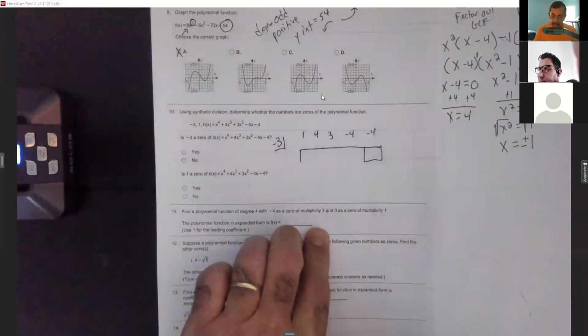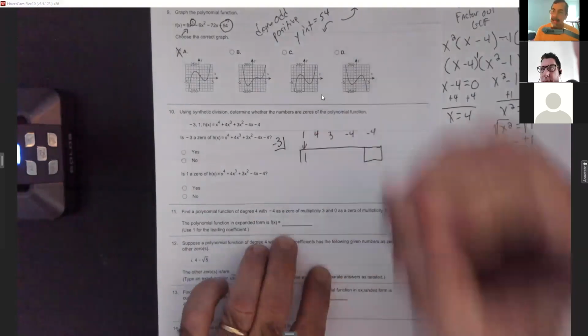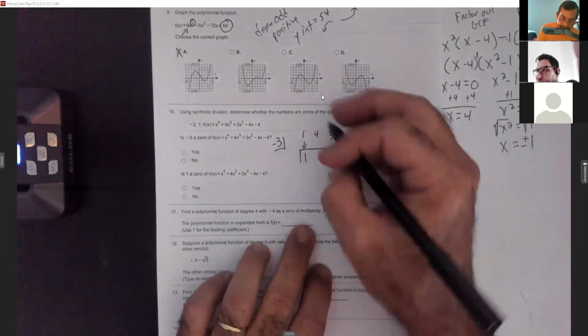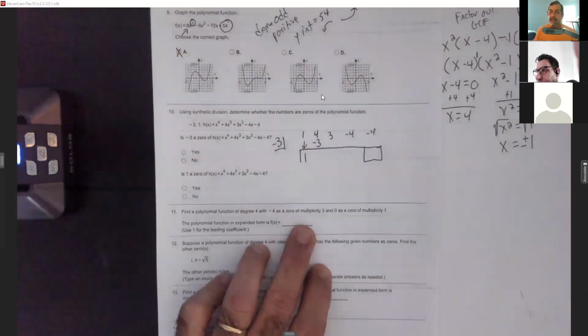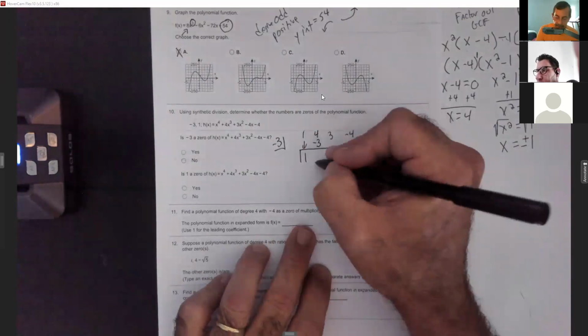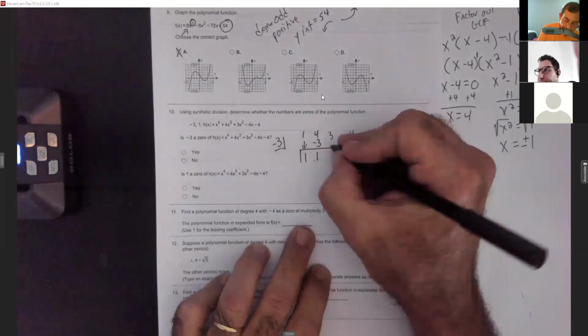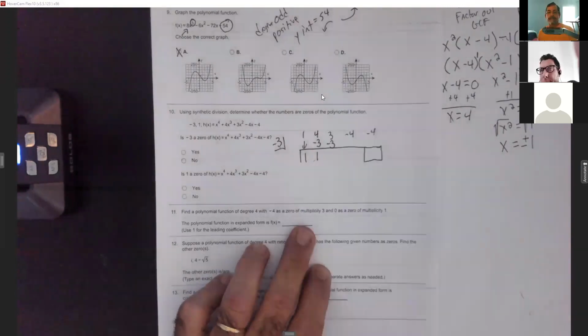So remember, first number, bring that 1 straight down. Then you're going to multiply. 1 times -3 is -3. 4 minus 3 is 1. Then you multiply again. 1 times -3 is -3.